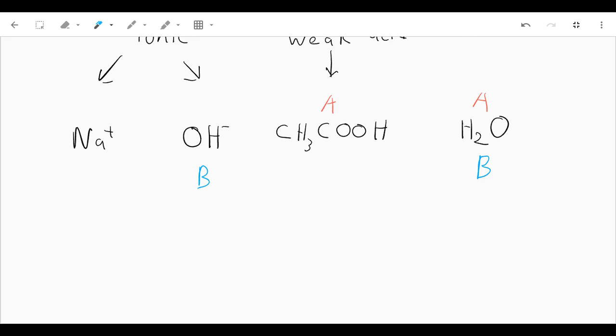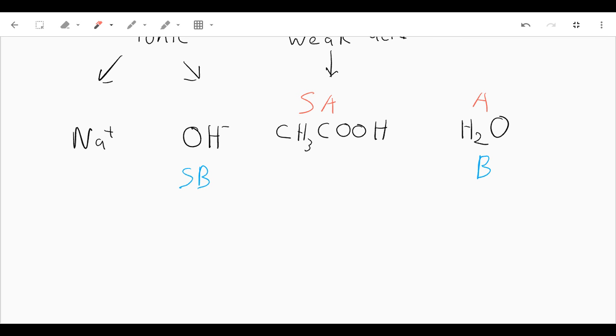Then checking our table, of course, hydroxide ions are the strongest base possible. They are on the bottom right-hand side of the table. Going up the left-hand side, we see that the acetic acid is higher than the water. So acetic acid is going to be our strongest acid.